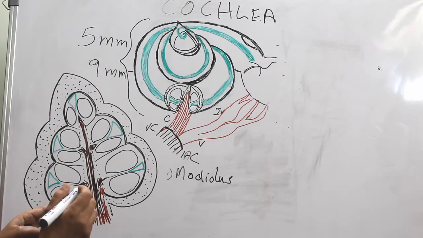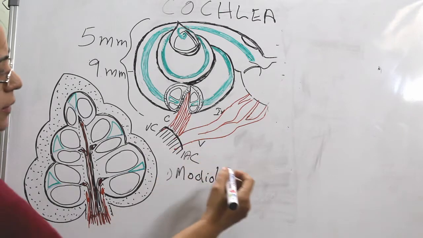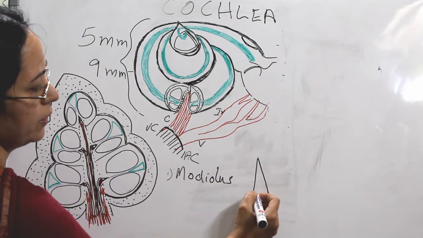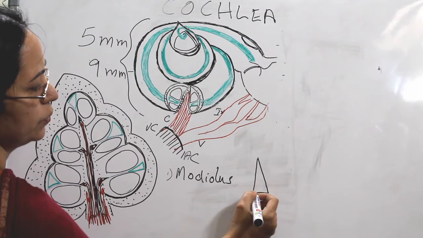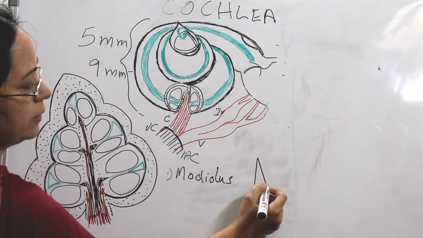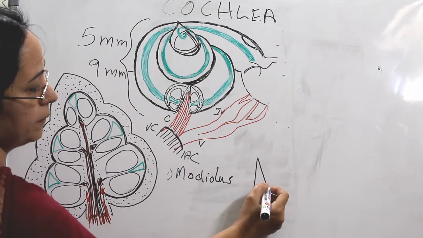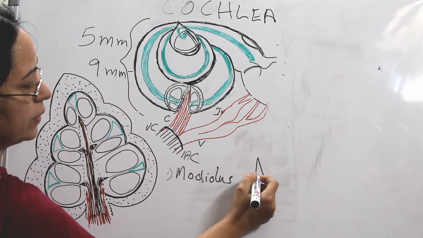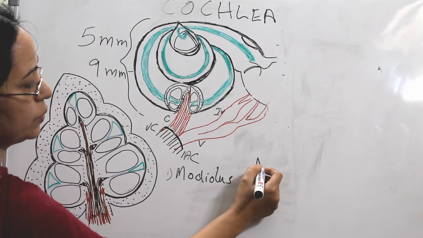And around the cochlea, if you take this as a screw, there is the osseous spiral lamina, it is going around. Okay, it's like the thread of a screw.